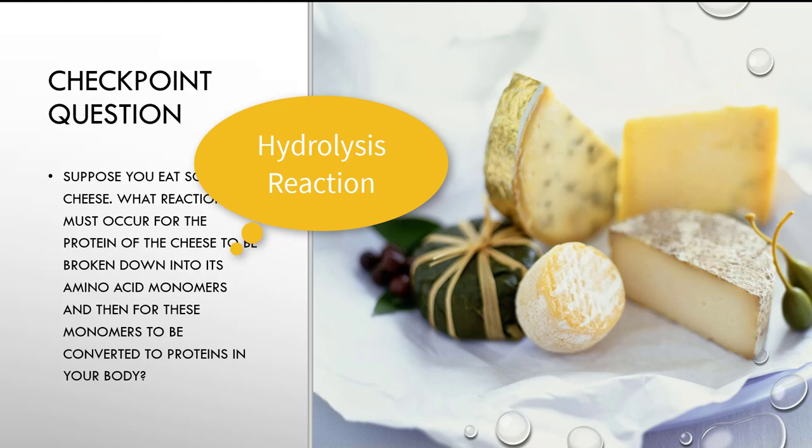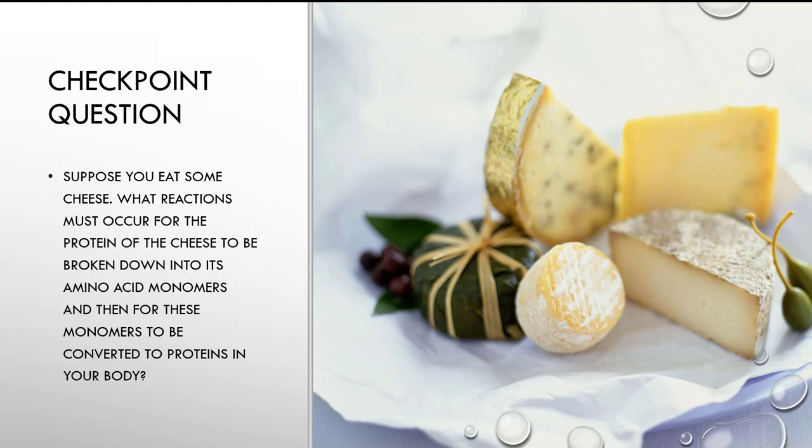So we're going to add water to break the bonds between the amino acid chains to break them down into individual amino acid monomers. And then those will be small enough in our intestines to absorb into our bloodstream. And then it can carry those amino acids to our cells, and then our cells can actually build proteins from those monomers, those amino acids.